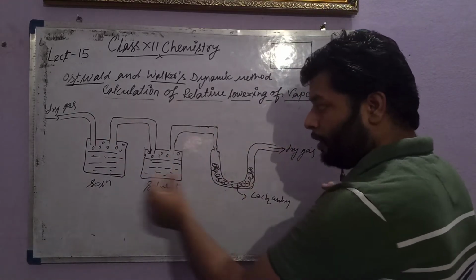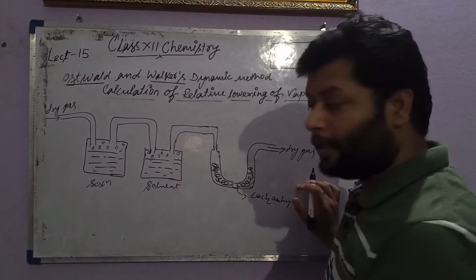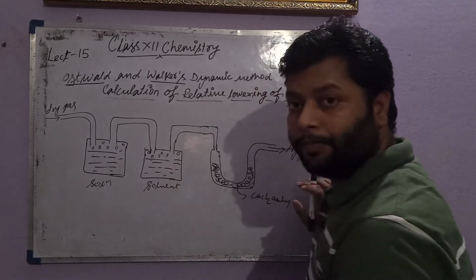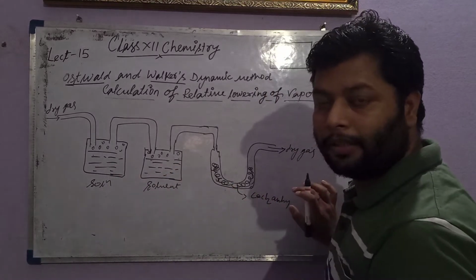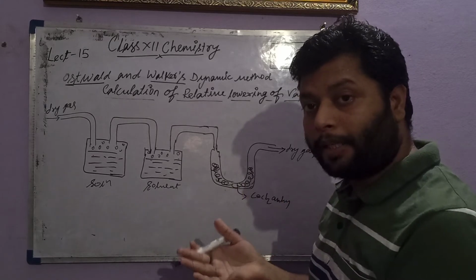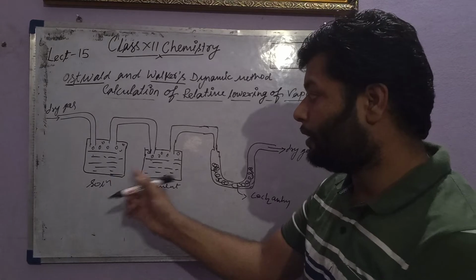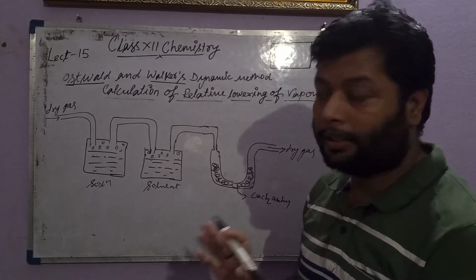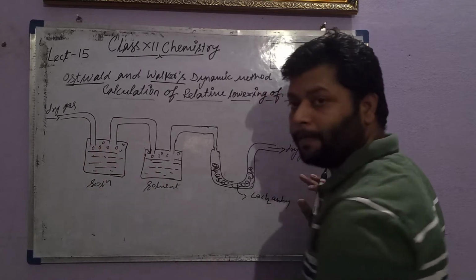Before the experiment, all these vessels or bulbs are already weighed: solution, solvent and calcium chloride. After the experiment, they will again be weighed in the same way. So the dry gas mixes with the vapor.